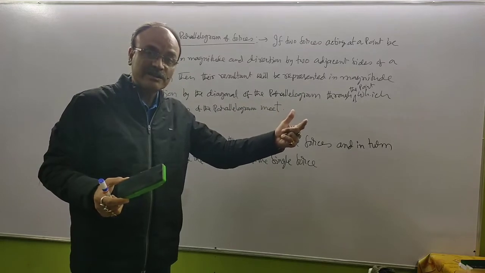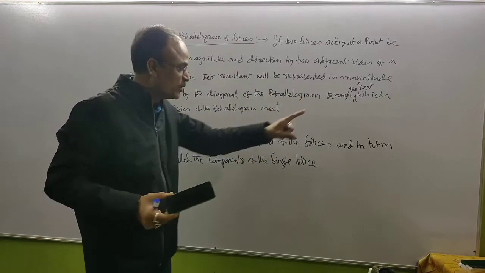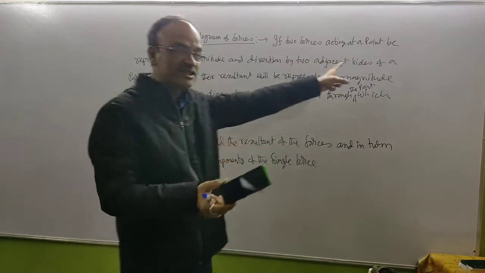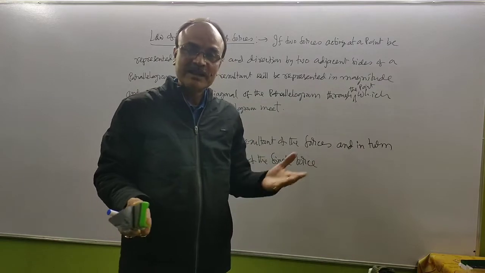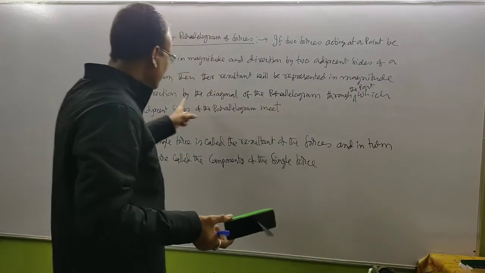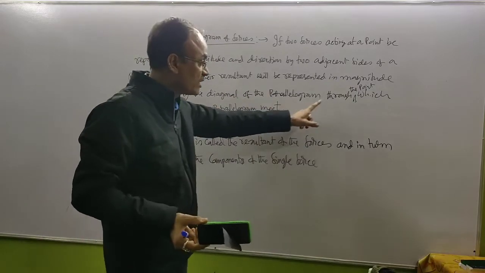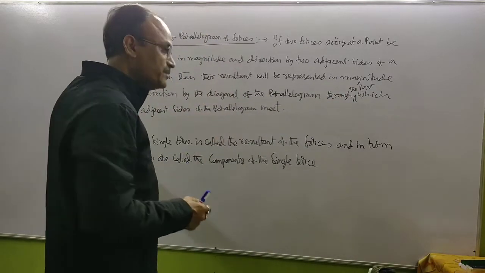There will be two diagonals. That diagonal will be taken through the point at which the adjacent sides of the parallelogram meet.